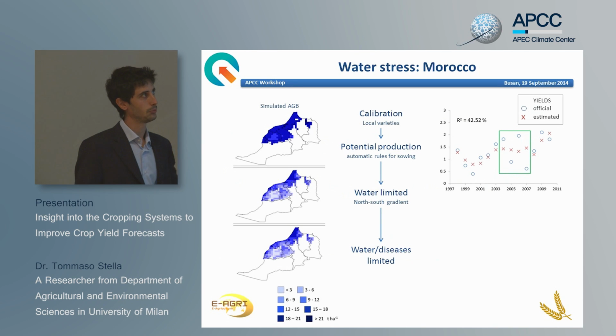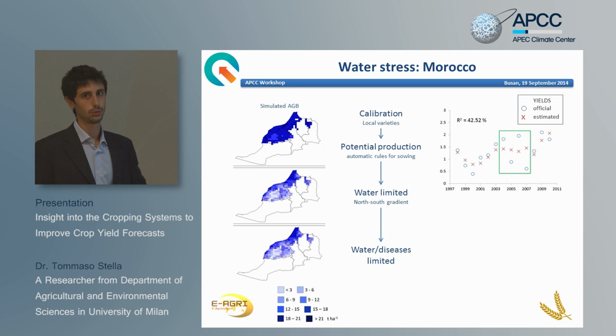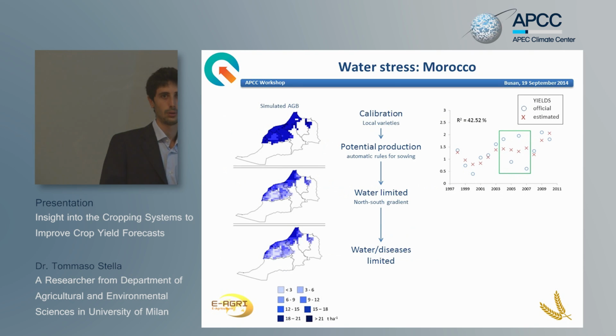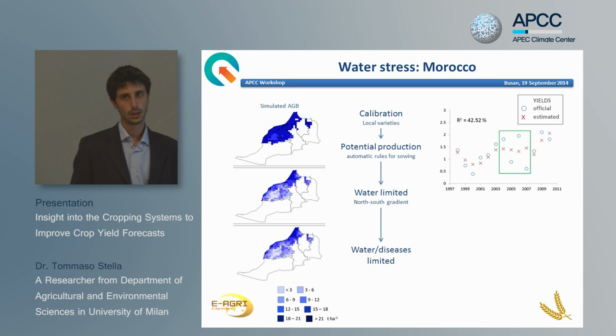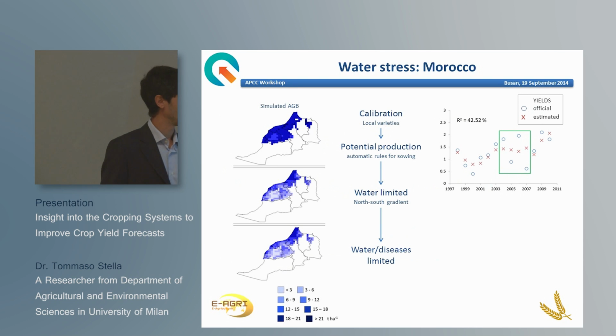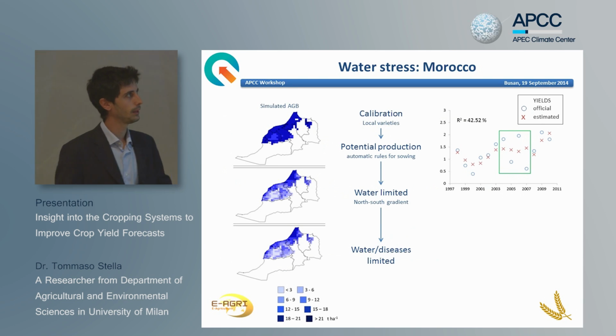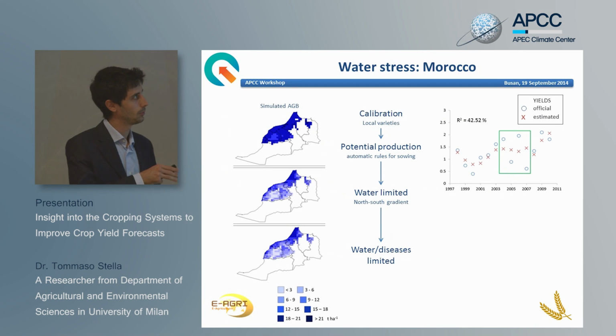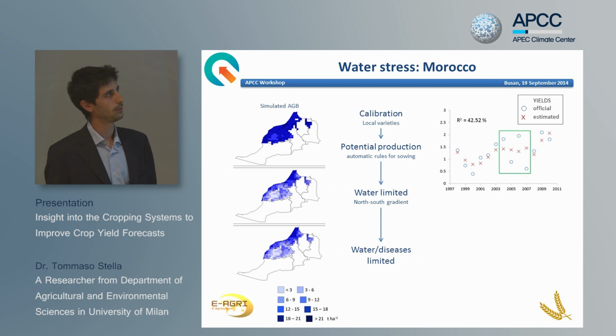We first calibrated the model in order to reproduce the behavior of the most cropped cultivar in Morocco. We used field data coming from Morocco and covering most of the cropped cultivars. And then we also defined some automatic rules for determining as accurately as possible the period of sowing in the different regions.